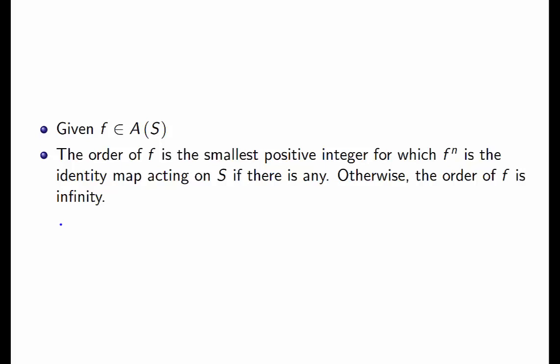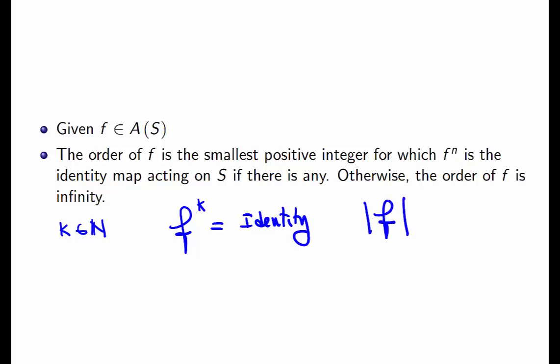So if k is the smallest positive integer such that f^k is the identity map, then we'll say that the order of f is k. Otherwise, if such a number does not exist, we'll say that the order of f is indeed infinity.